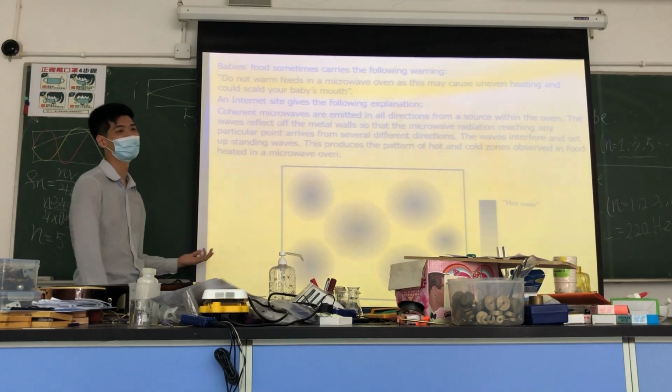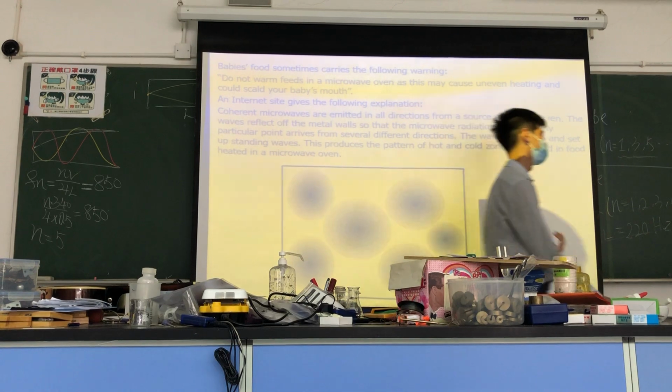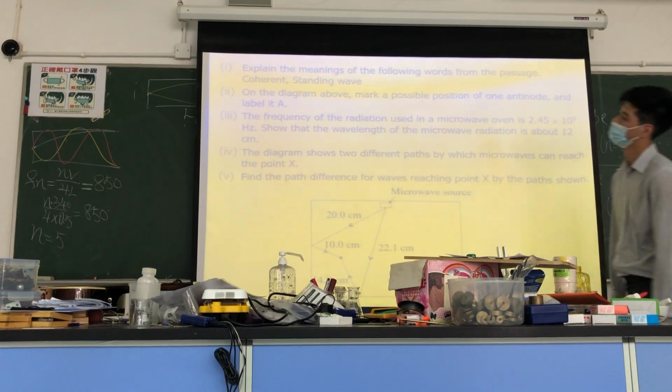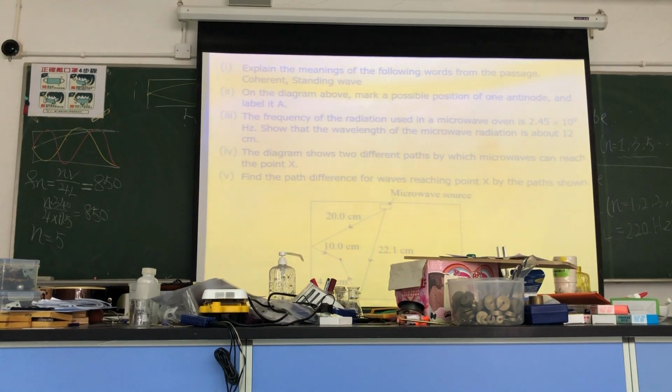So which one is antinode in this case? 最熱嗰個地方就係 antinode，因為 vibrate 得最勁。Okay, so 2, 3, 4, 5 on your own.